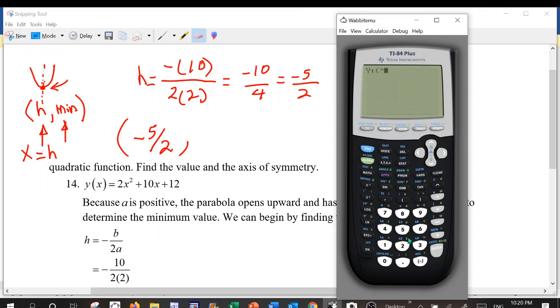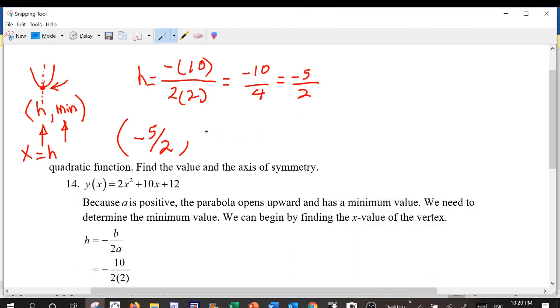So we put negative 5 divided by 2. And you can convert it to a fraction here. Press math, enter, enter. Negative 1/2. So this is the min, and this is the x value at which the function has that min, right?